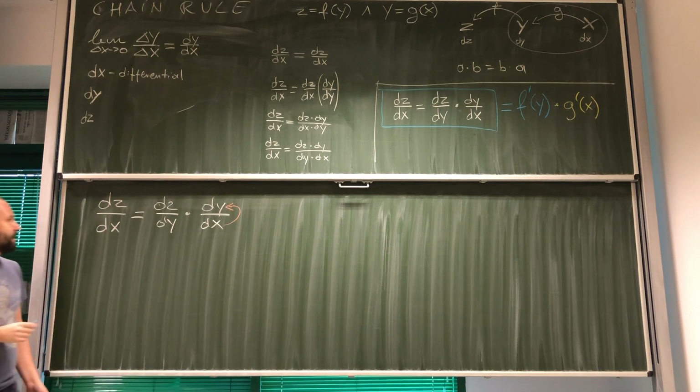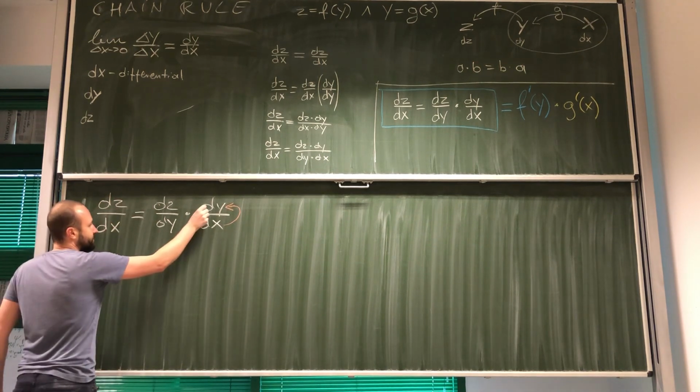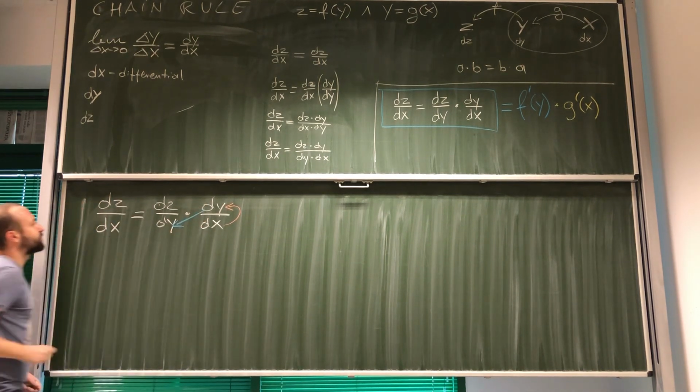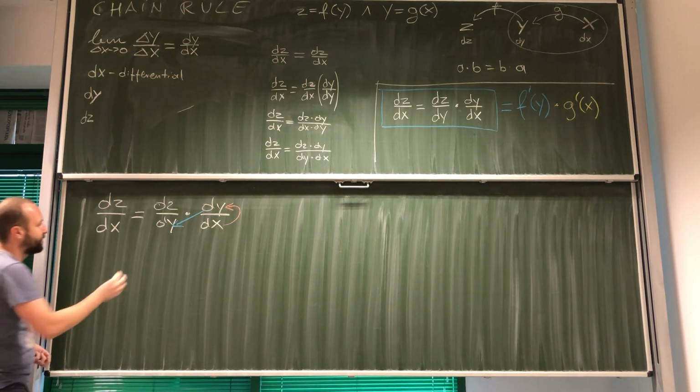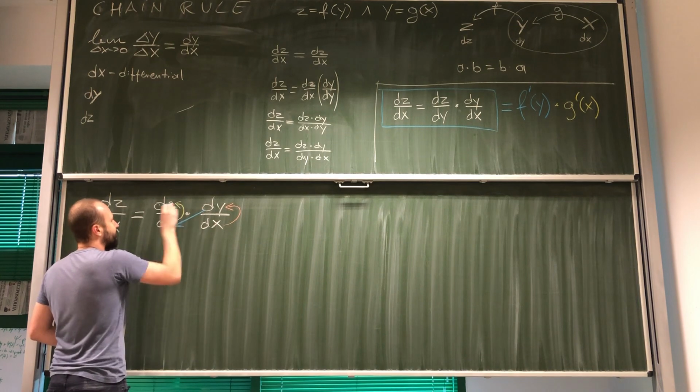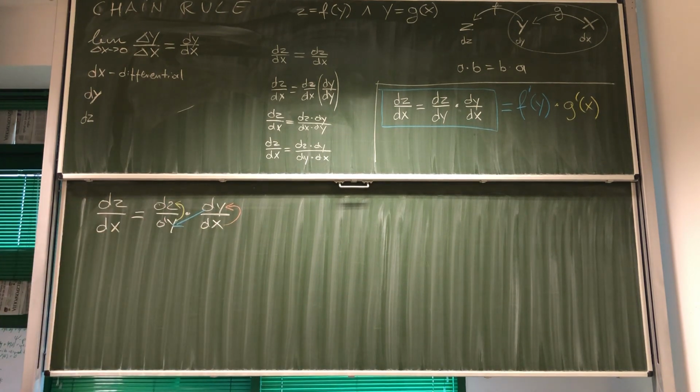But then, if y changes, we expect z to change. And by how much is z going to change? By the value of this derivative. Because we've got this chain of changes, this is why we call it the chain rule. Okay, so now let me show you an example that will illustrate how this rule is going to work.